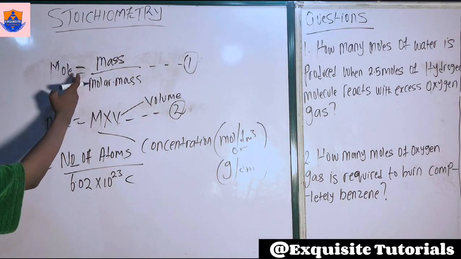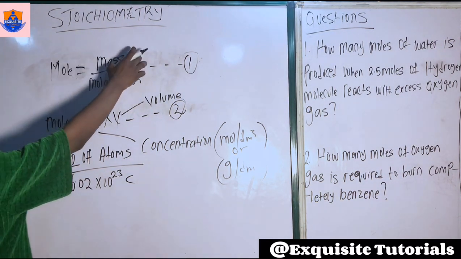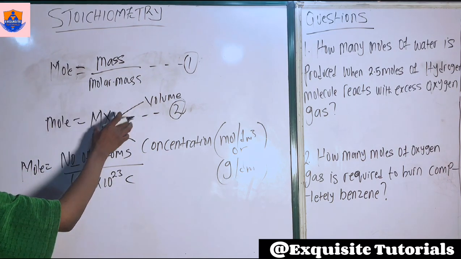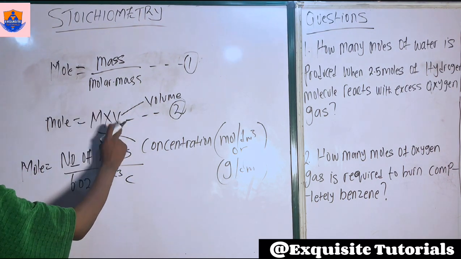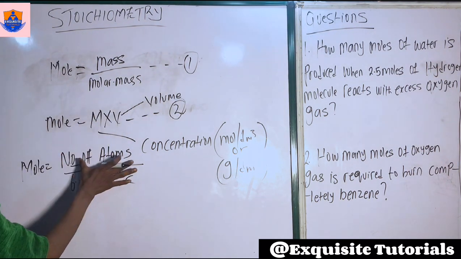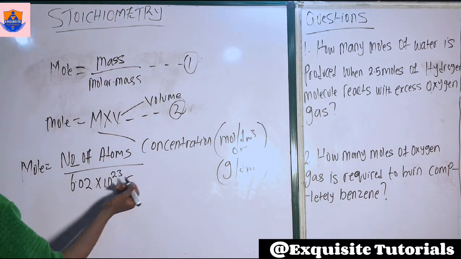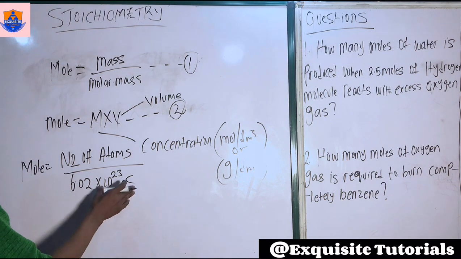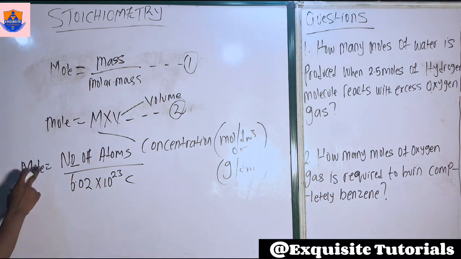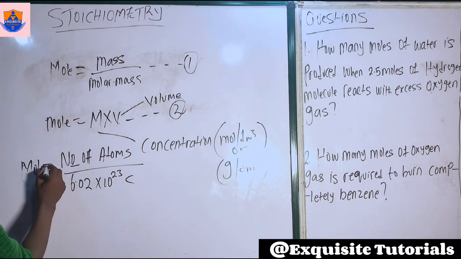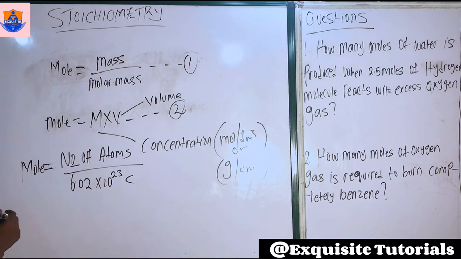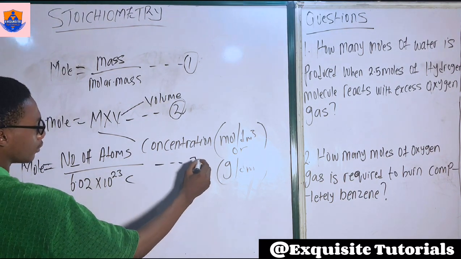I've given 3 straight formulas for calculating mole. Mole is equal to mass over molar mass. Mole is equal to concentration times volume. Mole is equal to number of atoms or number of particles over Avogadro's number, which is 6.02 times 10 to the power 23. This is formula 3.